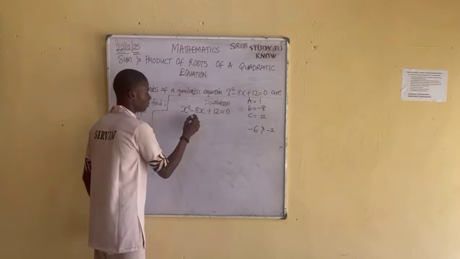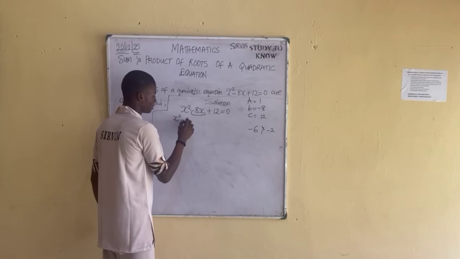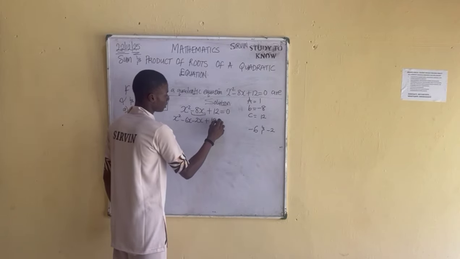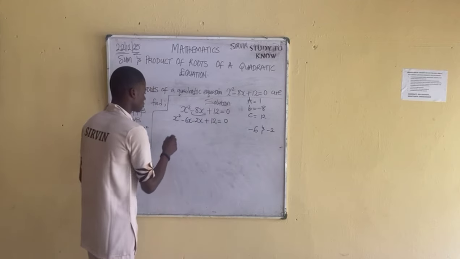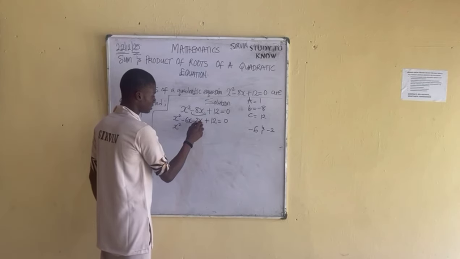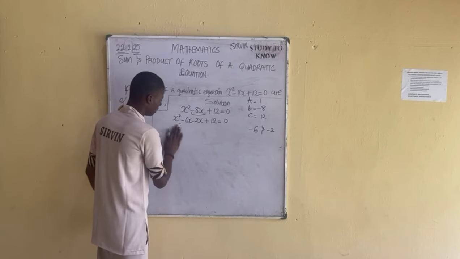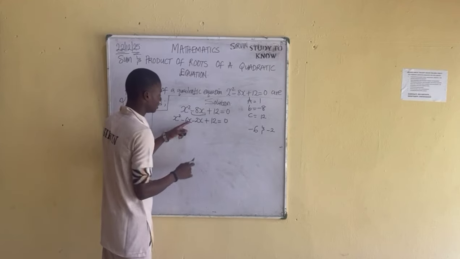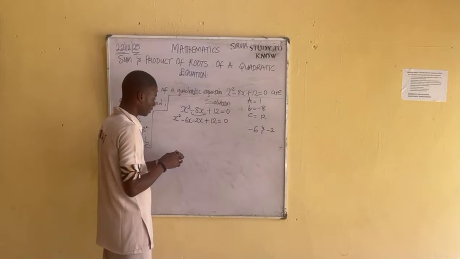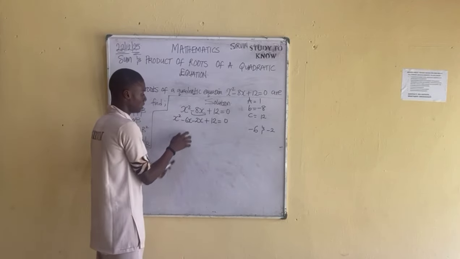So after getting the two values, substitute them in your linear term. So I'm going to replace it with this. I'm having x squared minus 6x minus 2x plus 12 equals 0. If the sum of these two things does not give you this linear term, then it's not correct.